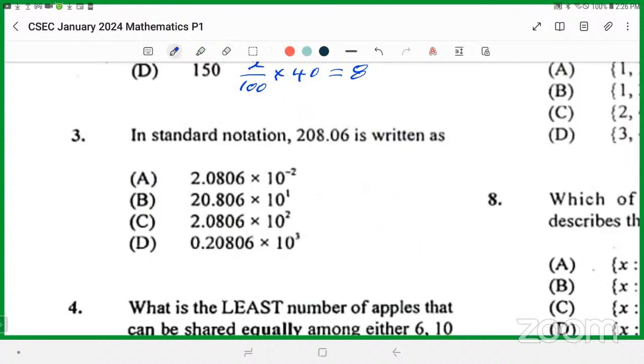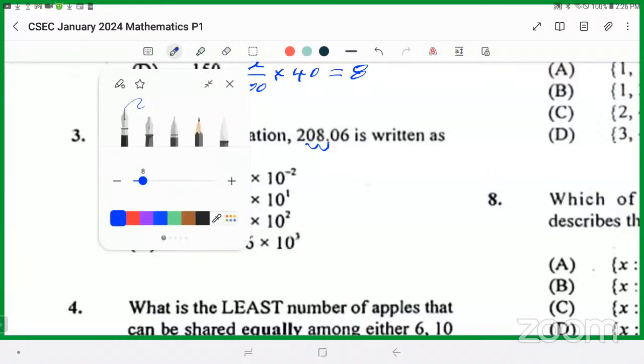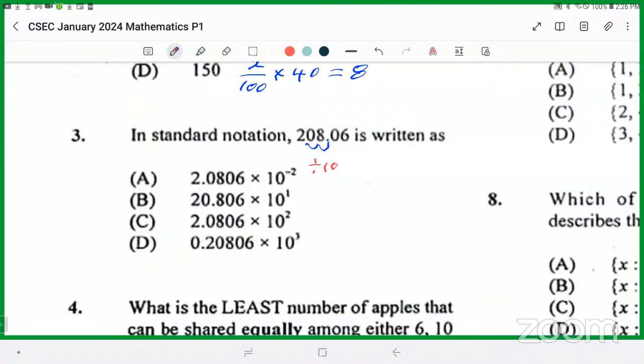So we want to get the decimal point right here. In standard form, the decimal point should come just after one non-zero digit. So to do that, we have to divide the number by 10 squared. We move the decimal point 2 places to the left.